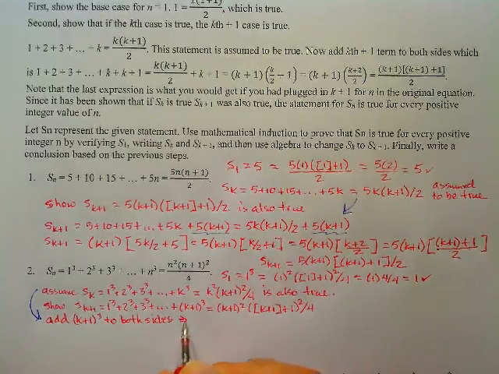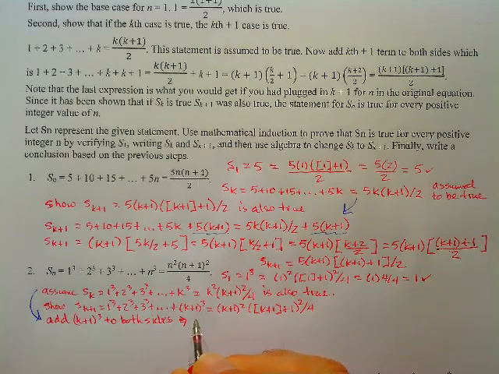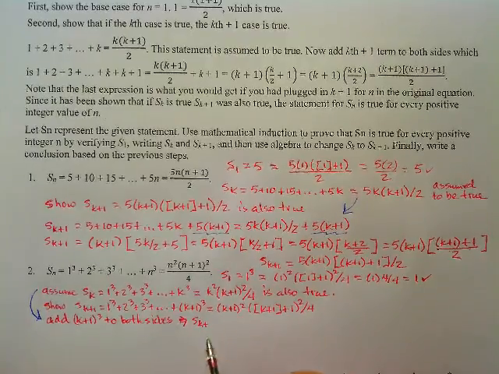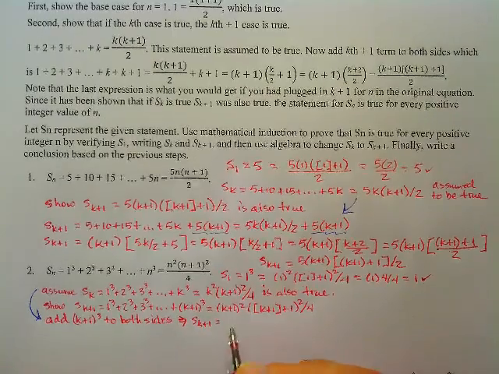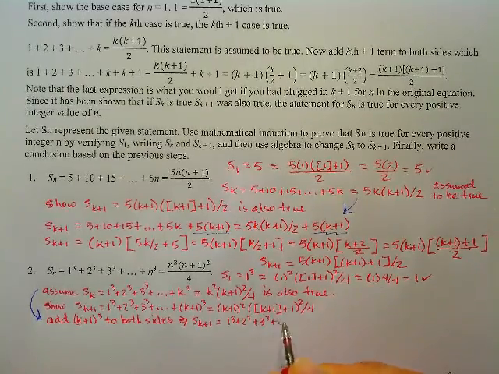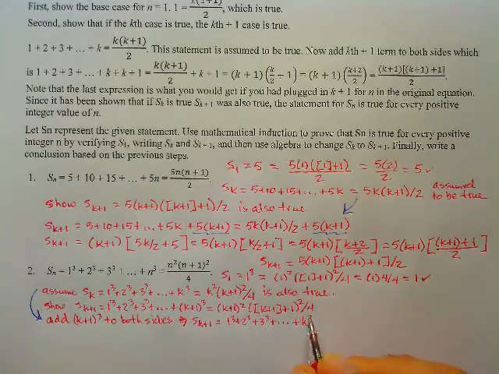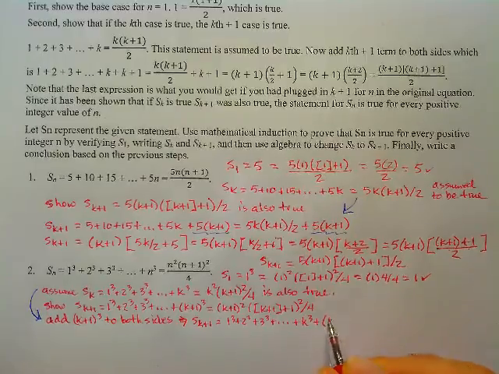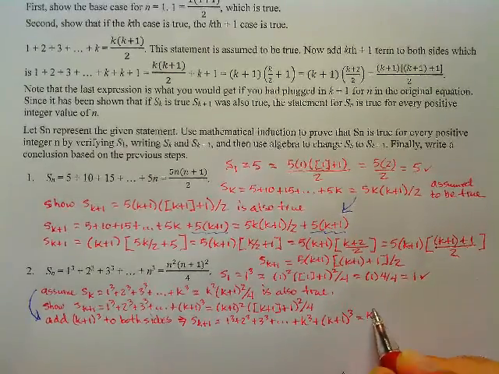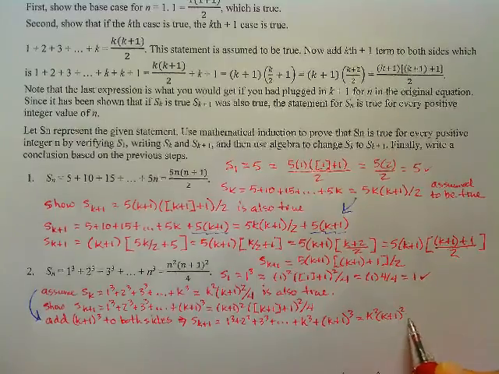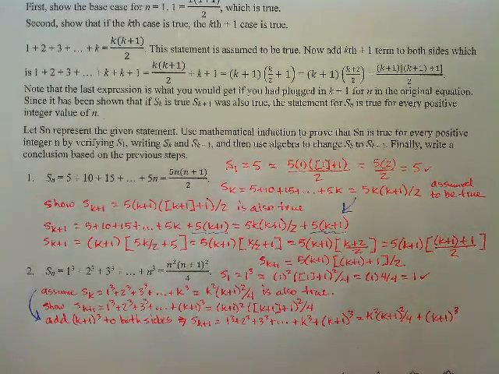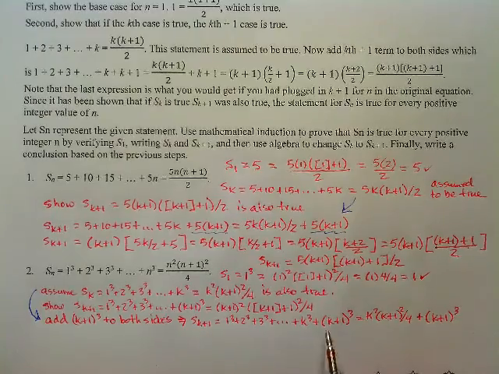So that'll give us sk plus 1 equal to 1 cubed plus 2 cubed plus 3 cubed plus dot dot dot plus k cubed plus, and here's where we're adding in the k plus 1, k plus 1 cubed, equal, and again we're taking this part here, k squared, k plus 1 squared over 4 plus k plus 1 cubed. So we have added the k plus 1 cubed here and here.